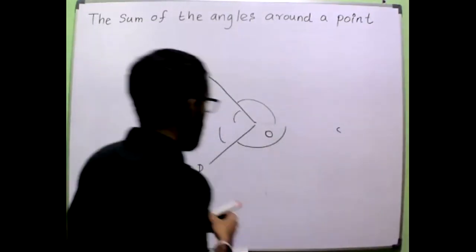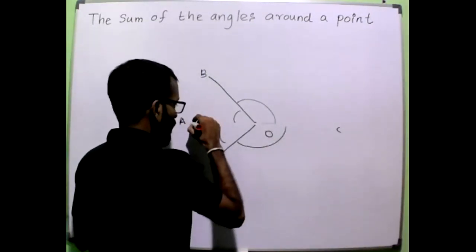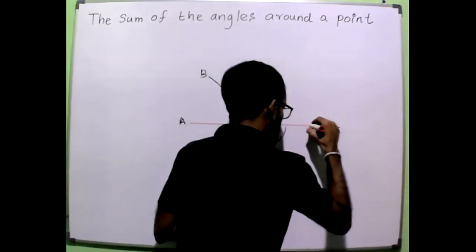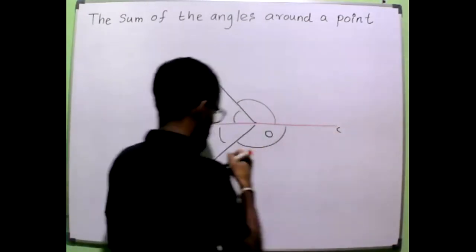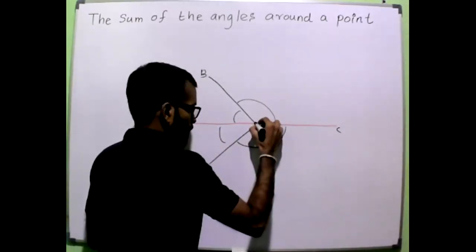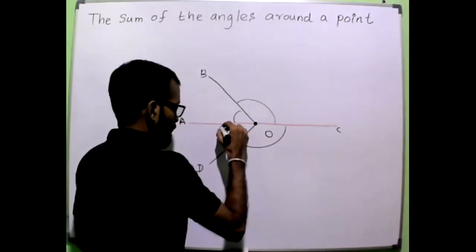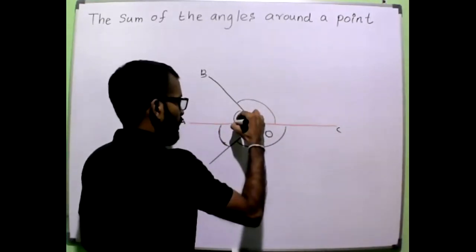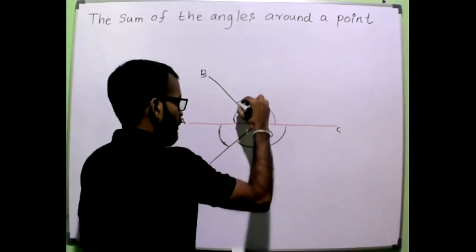AC line is a straight line. Now look at the board.